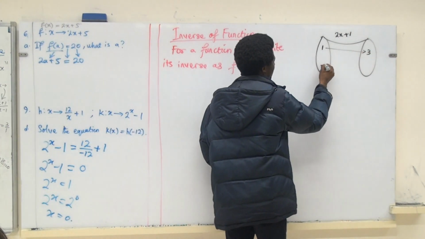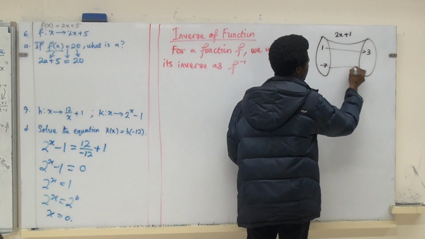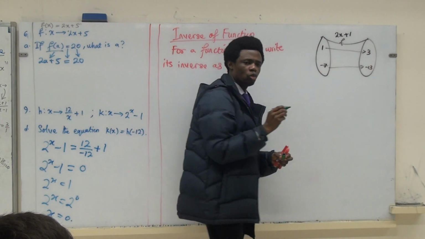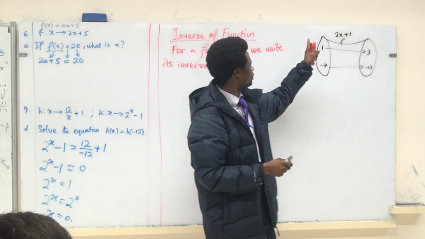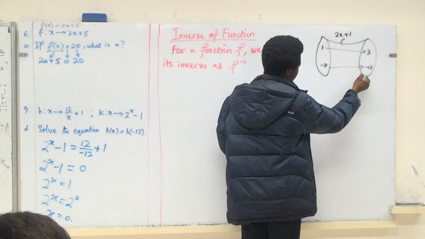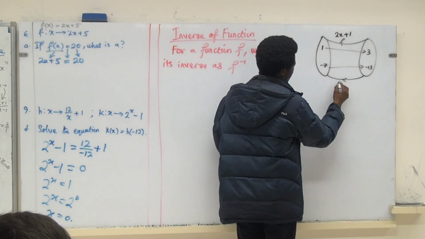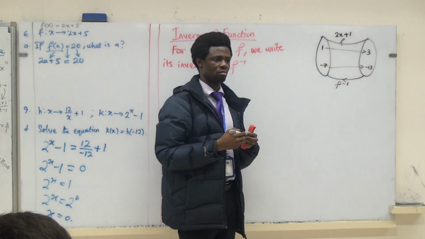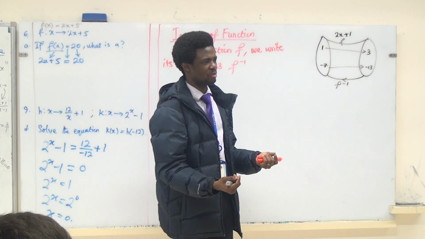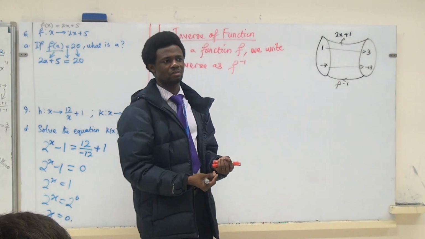If I input minus 7, what do I get? Negative 13. So the rule that maps from left to right is my function. The rule that reverses it is my function inverse. It's as it sounds, f inverse, the reverse of the process.